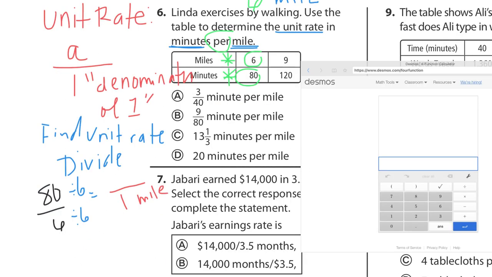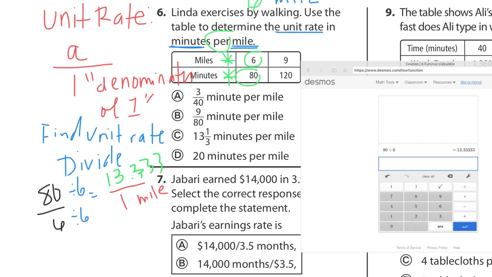And here I have my calculator. So I'm going to divide 80 divided by 6. That gives me 13.333, which means I need to put here 13.333. 3 is repeated.